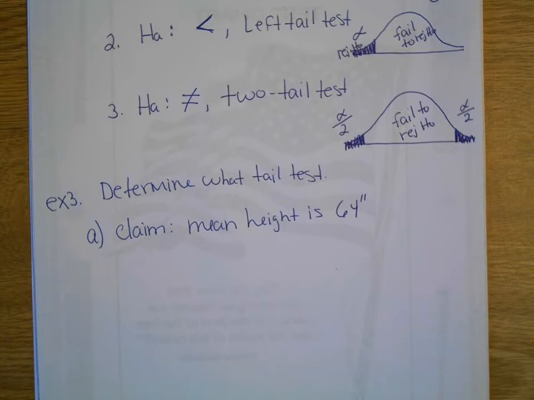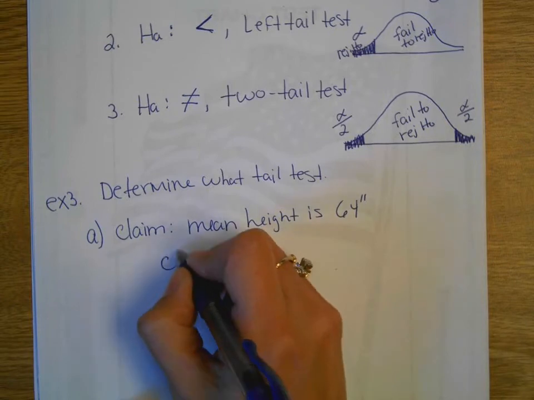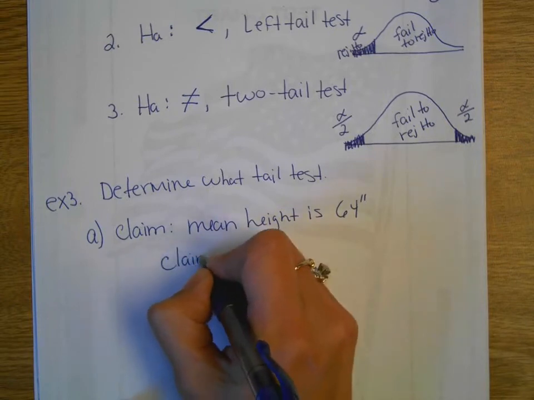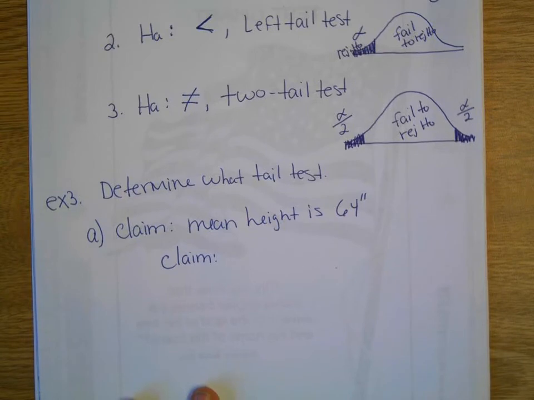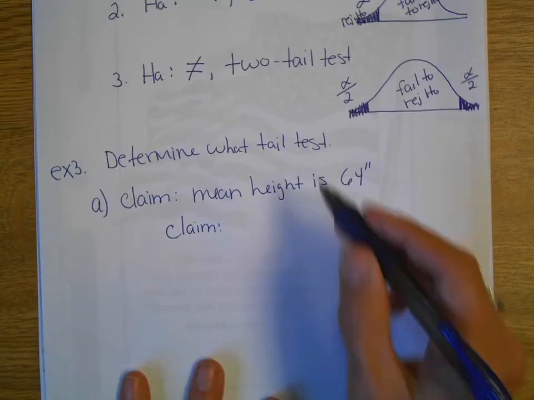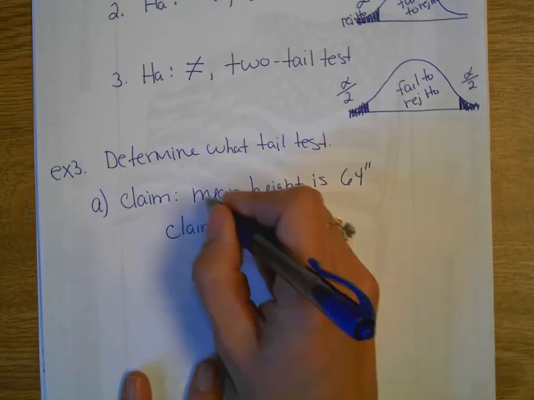I don't care what it's about. Our goal is to determine what tail test. All your answers come from that pair of hypotheses, so it's just good practice to rewrite the claim. Then identify the claim as, is it the Ho or is it the Ha? If it's the Ha, I can answer my question. If it's not, I've got to find it.